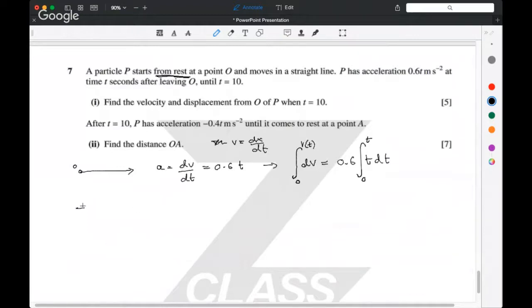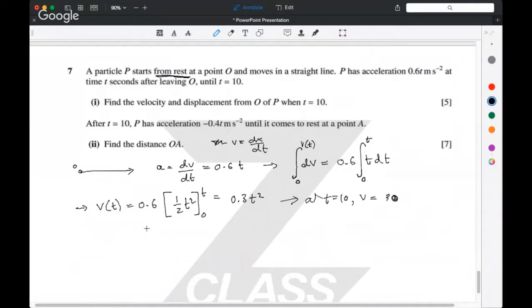So I'm going to integrate this, and I'm going to get velocity at some time is equal to 0.6 times 1/2 t squared, evaluated from 0 to t, which is just equal to 0.3t squared. No problem. That means that at t is equal to 10, v is equal to 30.